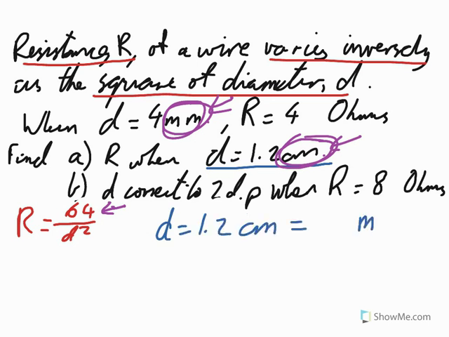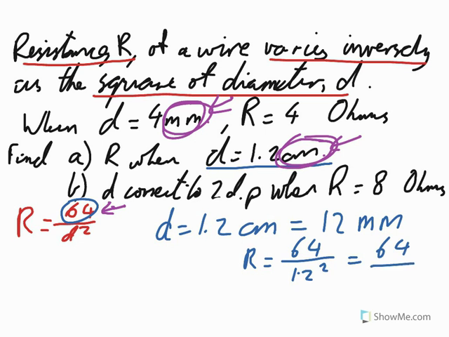It needs to be in millimetres for us to get the correct answer, because remember, this 64 here was worked out in millimetres, and so that's just 12 millimetres. So now we get that our resistance is 64 over 12 squared, and so that's 64 over 144, which of course is going to give us a decimal answer.